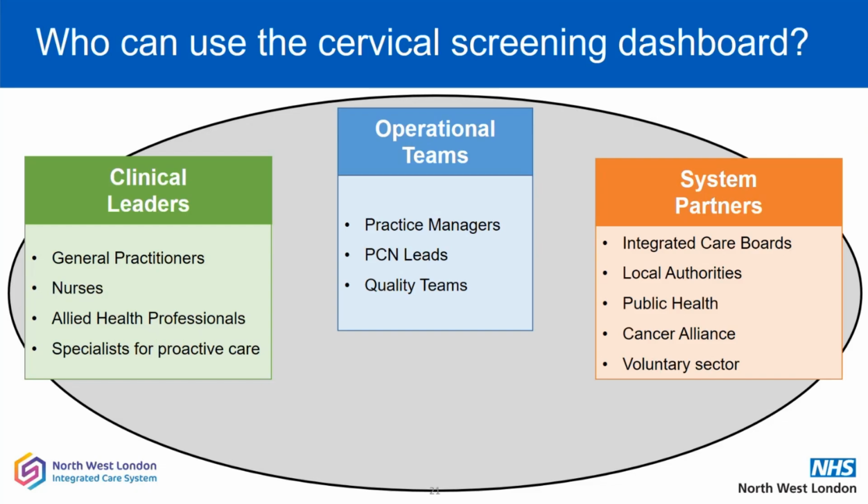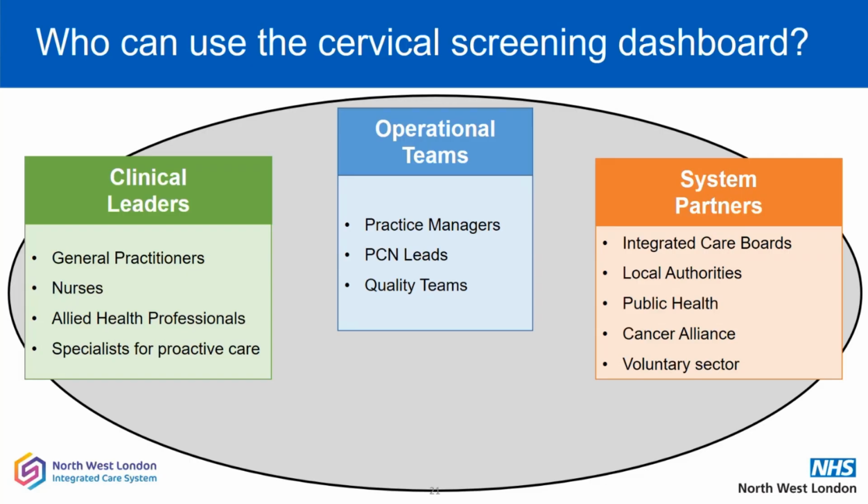So the WSIC is a system tool. It's not just for analysts, and we can use it across a variety of teams. In terms of operational use, our practice managers, PCN leads and quality teams can use it to manage how we use that information, like I said, to develop targeted interventions.